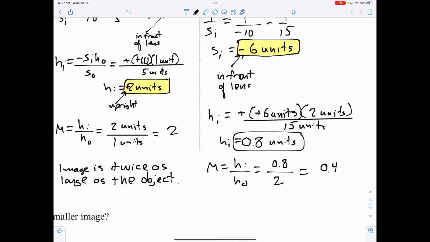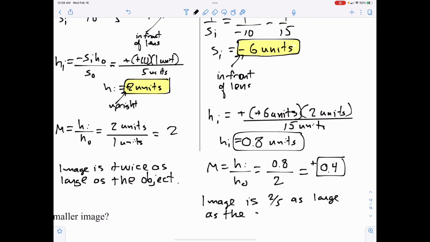What that means, since it's positive, it means it's upright. The image is 0.4 times as large, or you could say 2/5 as large as the object.